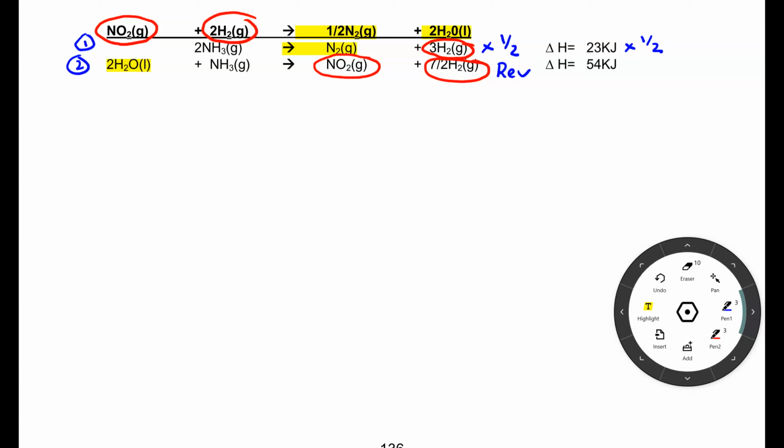So I'm going to start with nitrogen dioxide on the left. I'm going to take all of equation 2 and reverse it. What happens to my delta H when I reverse that equation is that the sign is going to change. So it's kind of like multiplying it by -1. Instead of being 54 kilojoules for reaction 2, it's going to be -54 kilojoules. That sign is going to change.